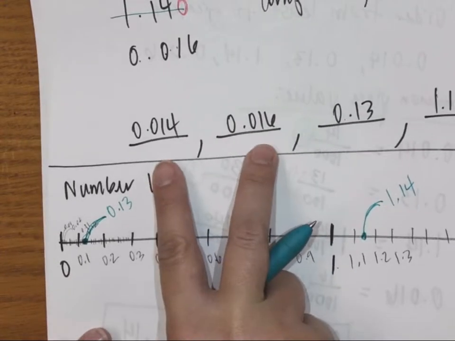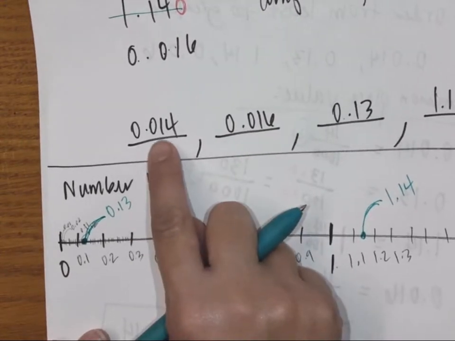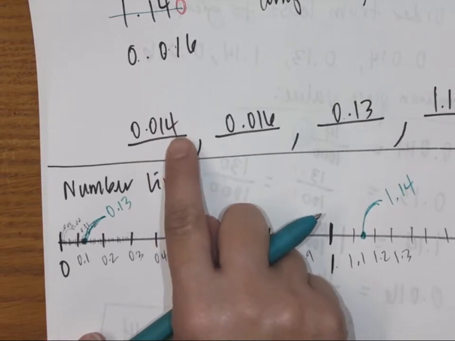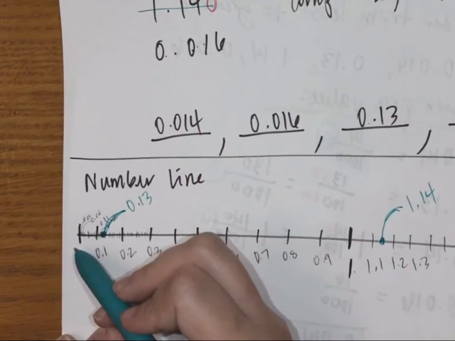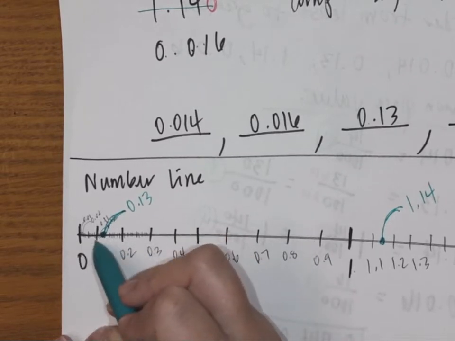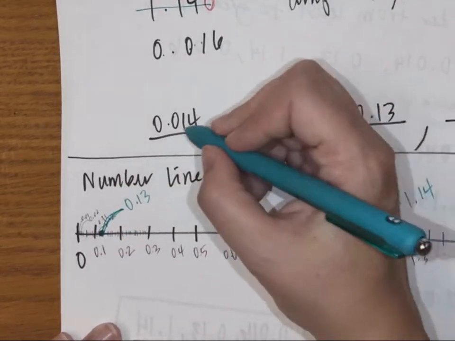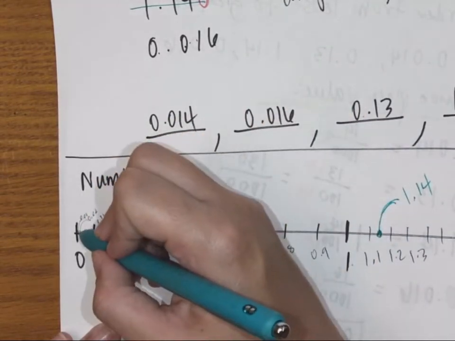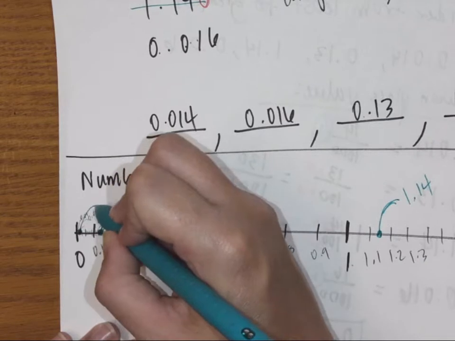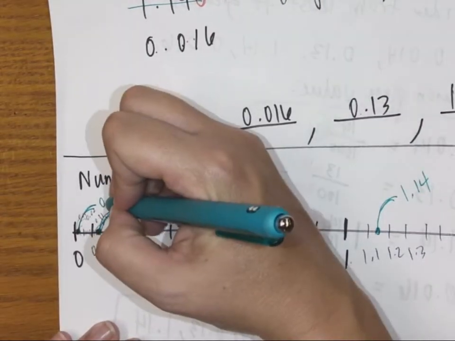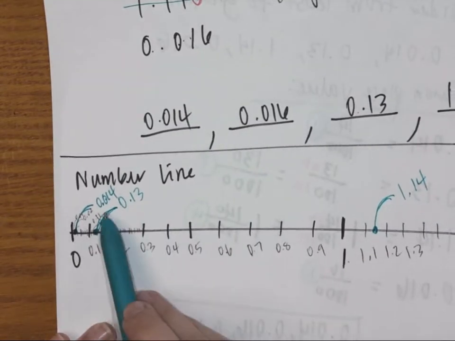And then these other two, 14 thousandths and 16 thousandths, I don't even go up to this 1/10 right here. It's going to be in between 0 and 1. And 14 thousandths would be way over here in between those two. So 0.014.